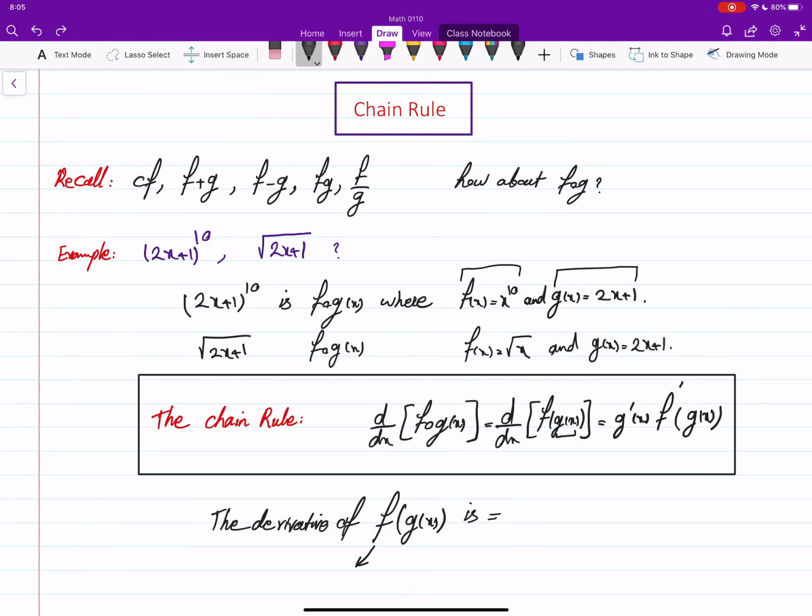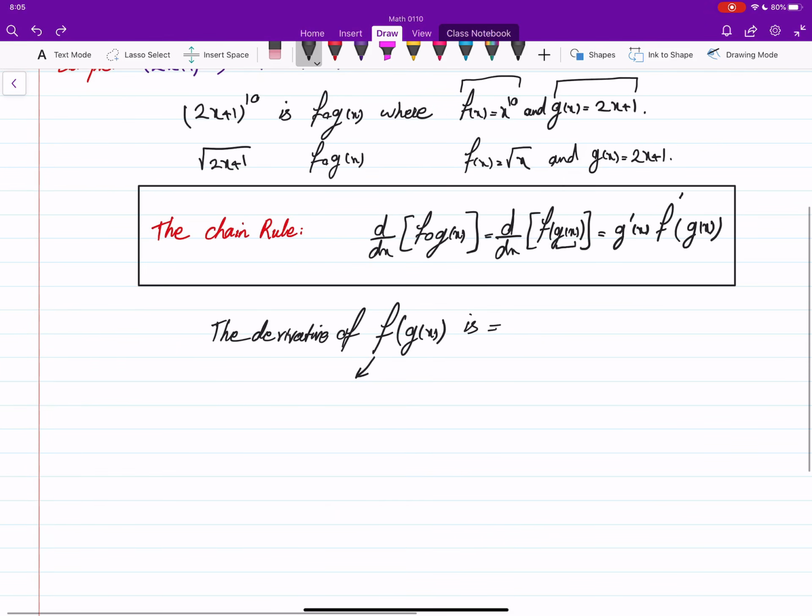What I mean by outer and inner is this: this g is inside f, so I call it inner, and f is outside, so I call it outer.